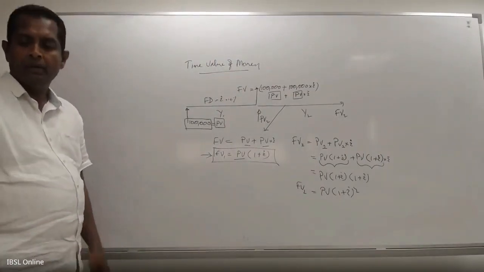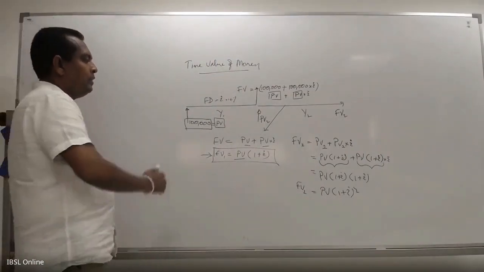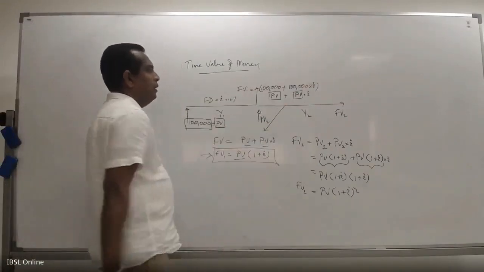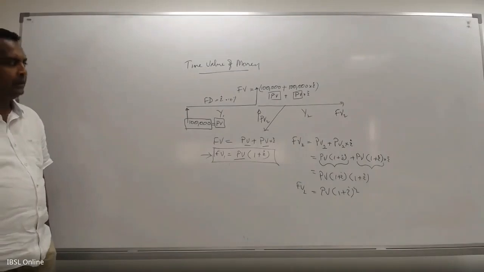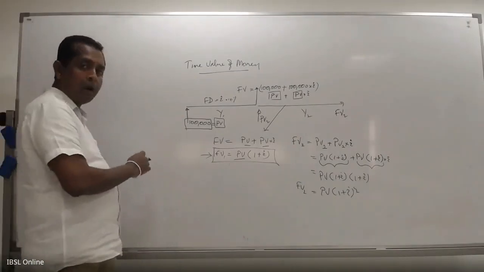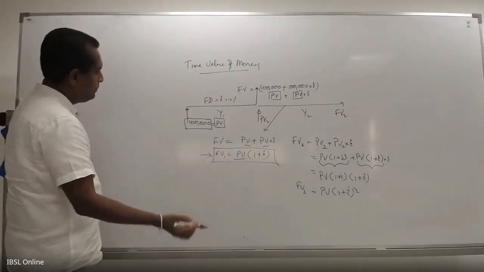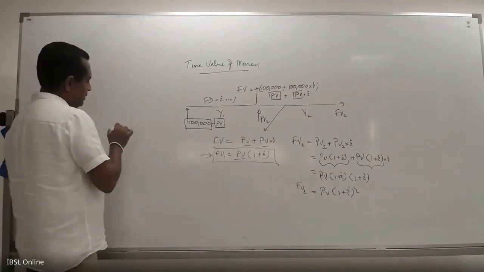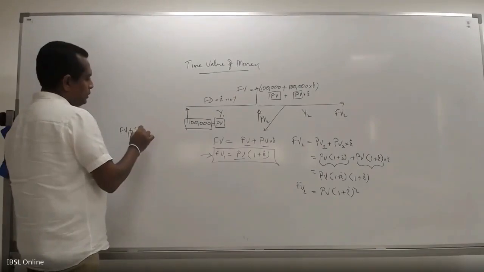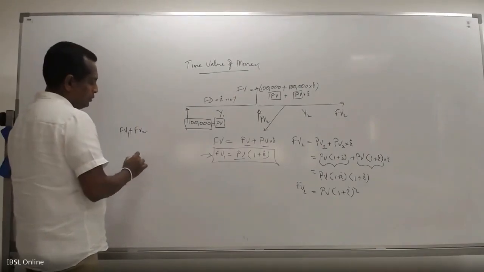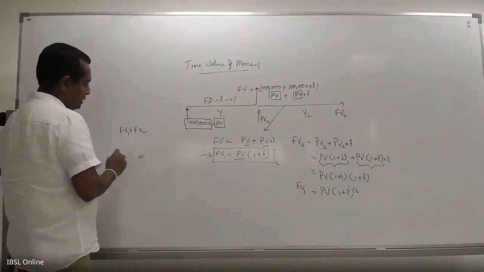Right? So, whenever you have this kind of progression, you want to find out after 3 years what will be the position, right? Future value 1 plus future value 2, like that. So you can generalize that equation.